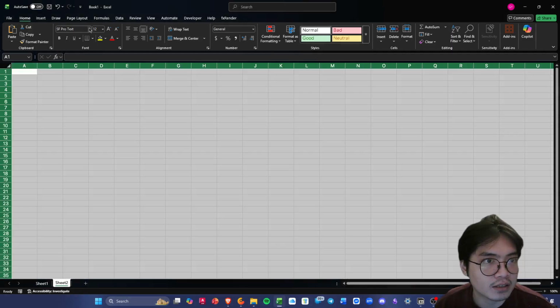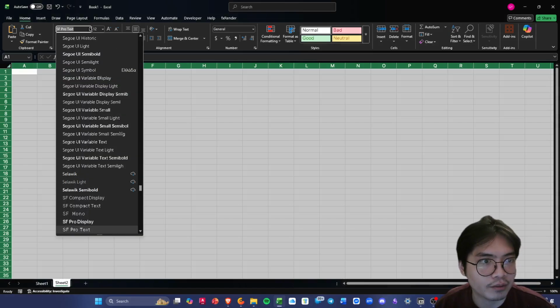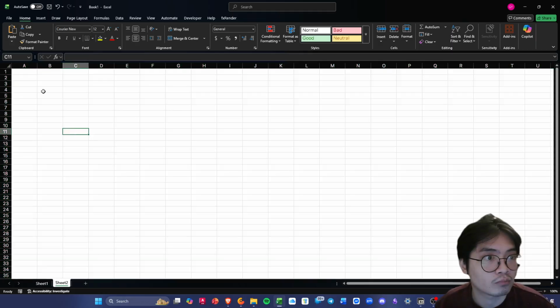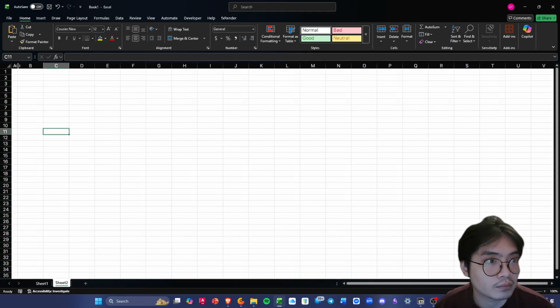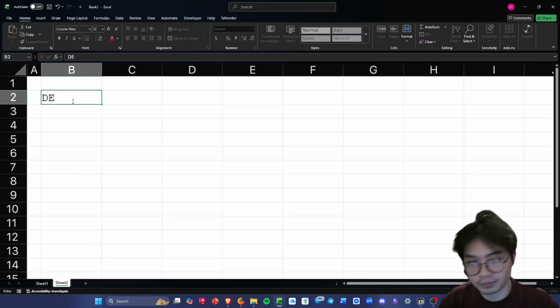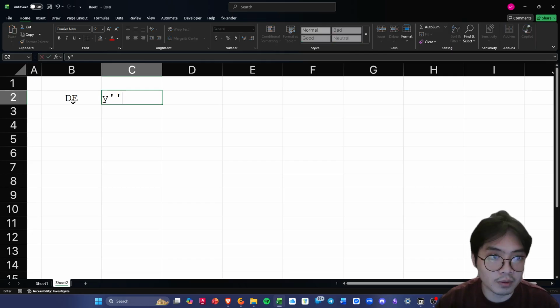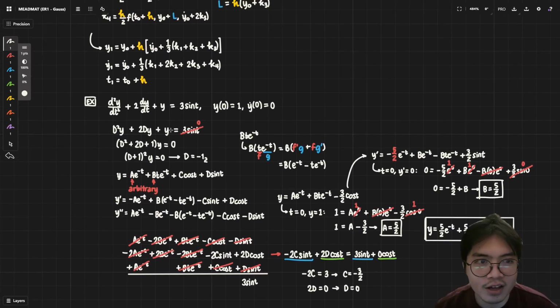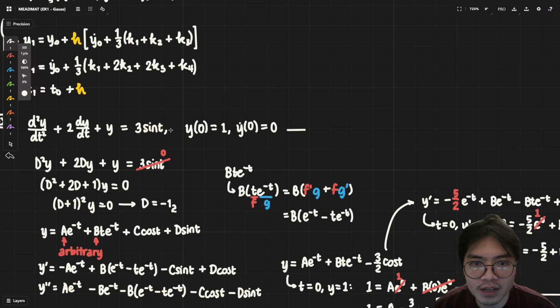and let's just do everything the same way we did for here. We have our DE in here, which is y double prime is equal to, well, let's put everything together now. y double prime in here plus 2y prime plus y is equal to 3 sine t.